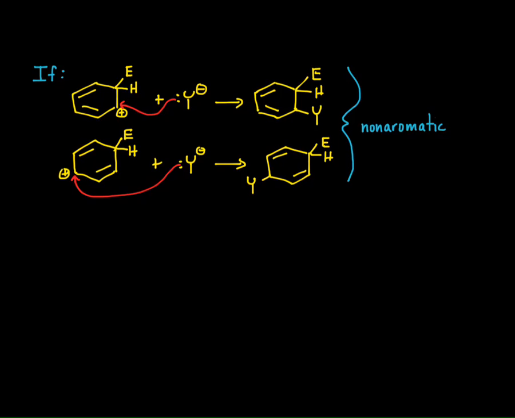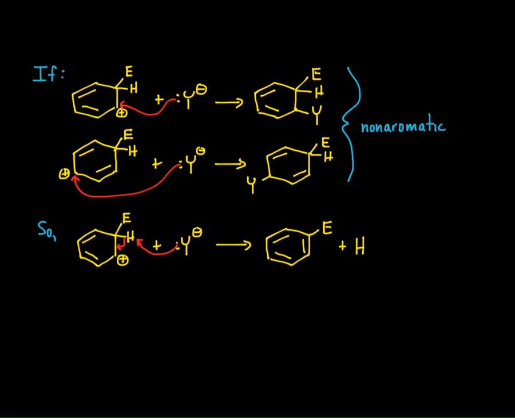The third possibility for Y minus is that instead of attacking a carbocation, it actually simply removes a proton, and the pair of electrons from that carbon-hydrogen bond then go back into that ring. You generate a new pi bond, and so notice here I have generated an aromatic compound.